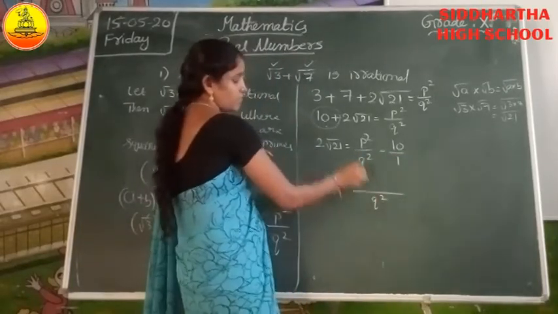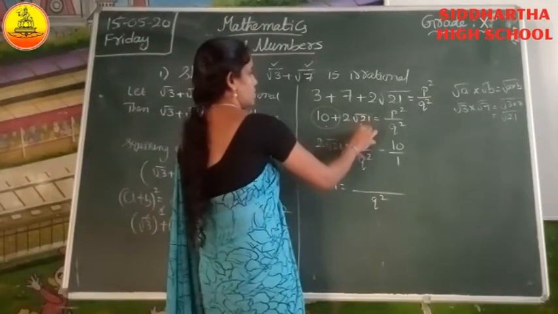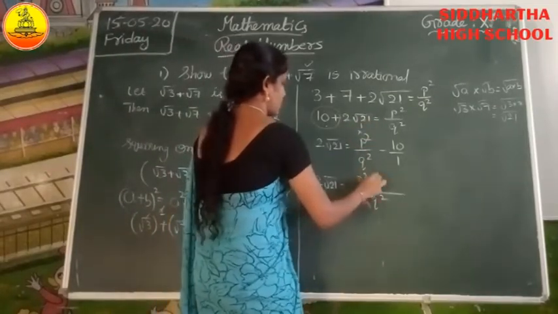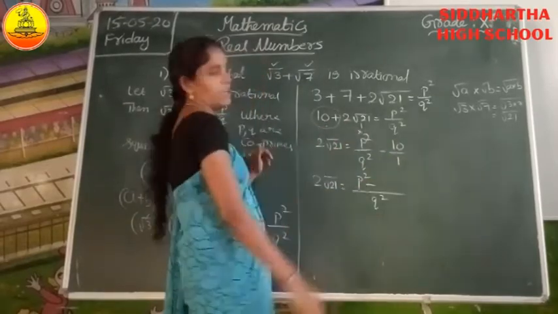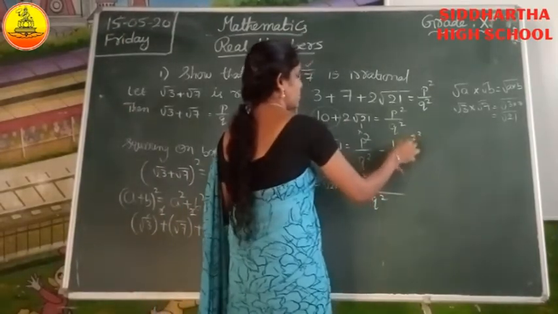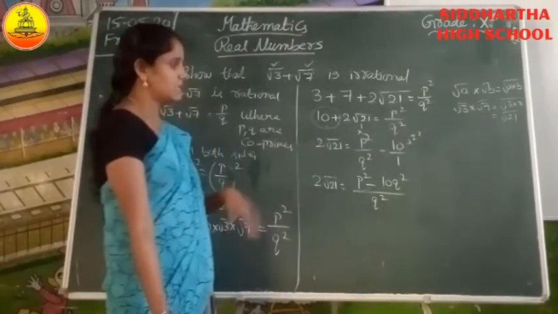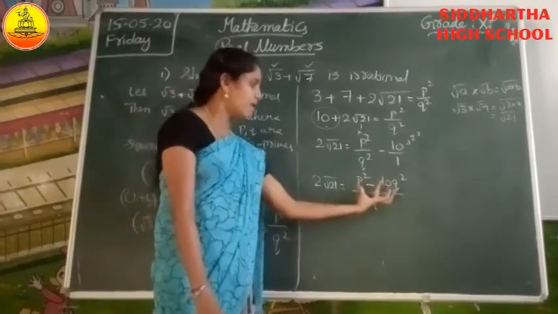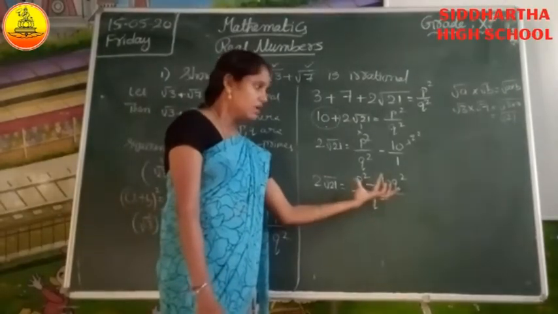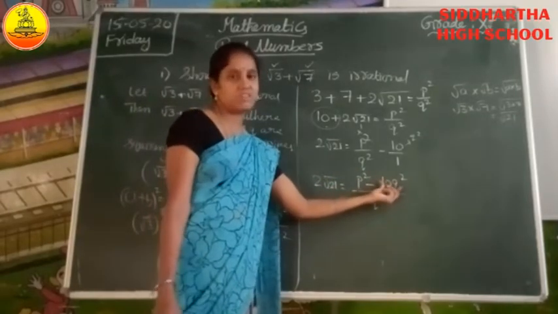In q square how many times? 1 time. So 1 into p square. In 1, q square times, so you have to write q square into 10, 10 q square. Okay, p square minus 10 q square by q square. We cannot subtract these two because these two are unlike terms. Because here p square is there, here q square is there.